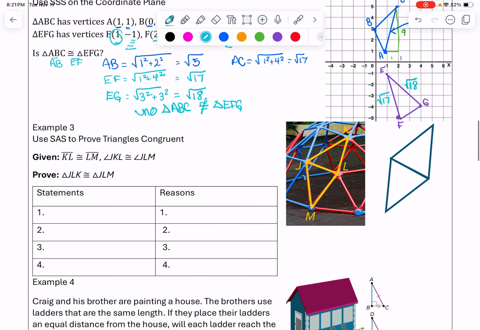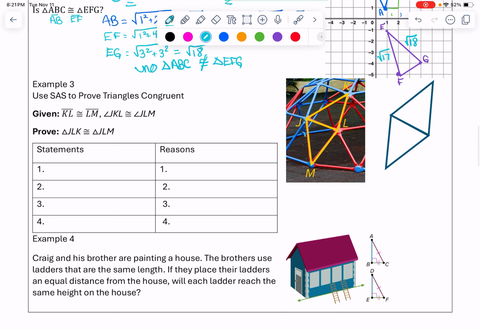Example 3 asks us to use side angle side to prove that these triangles are congruent. So we start with the given information. It says segment KL is congruent to segment LM.